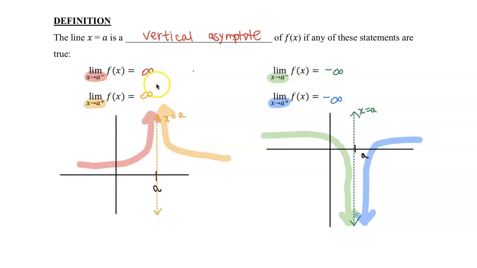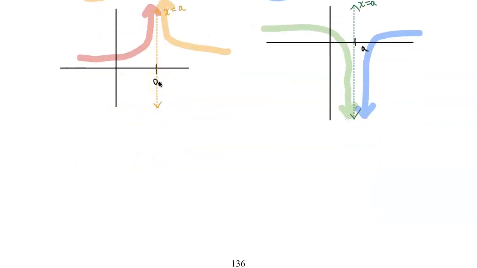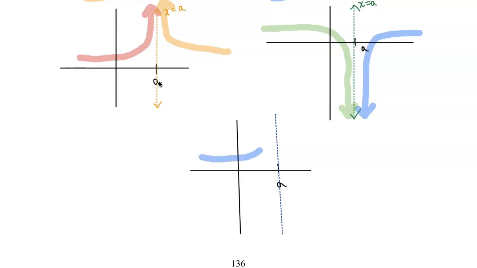For typical rational functions, you may have a graph that looks like this. Let's say this is your a right here, and you have a vertical asymptote at this value. What the graph will do is, as it gets closer to this line, the left end may skyrocket up, and the right piece of the graph is going down.